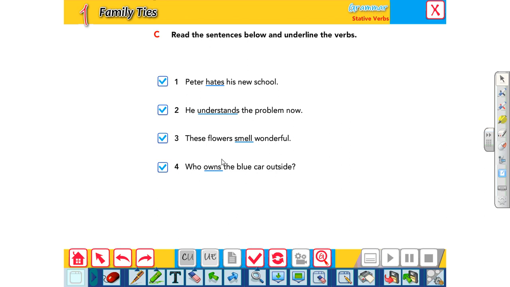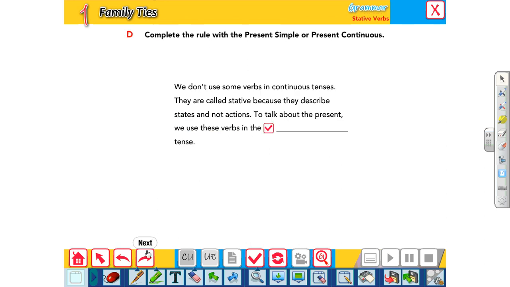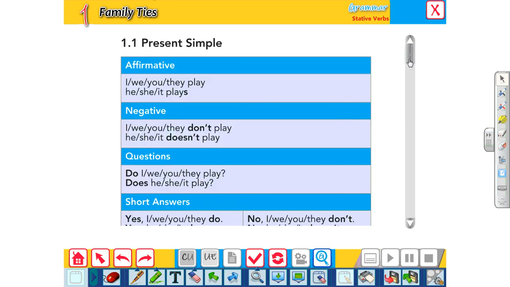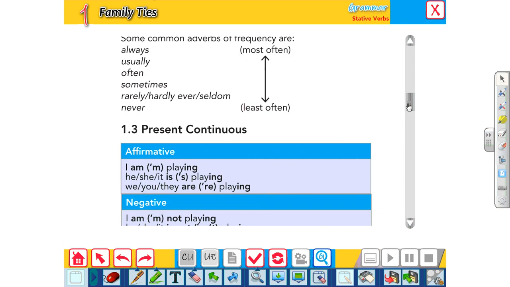As you can see here, if you can notice, the four verbs are in the present simple. Why are they all in the present simple? Why couldn't we use them in the present continuous, for example? That's because of something that we call the stative verbs.